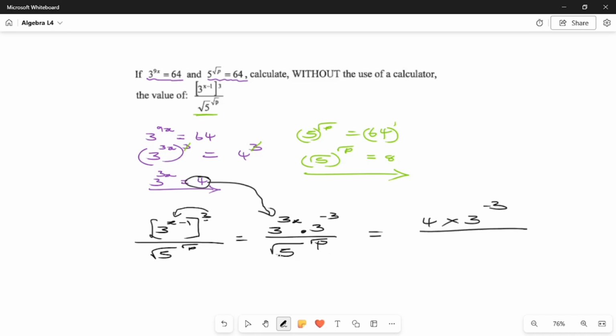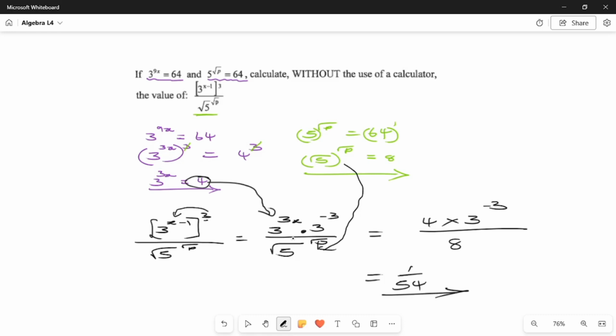Now what is root 5 to the power of root p? We know that it is here. Is this one. You see that it is 8. So you're going to divide that by 8. I know they say don't use a calculator, but at this stage you just have numbers, so you can put it in the calculator, and our answer will be 1 over 54. And this, guys, will be the answer.